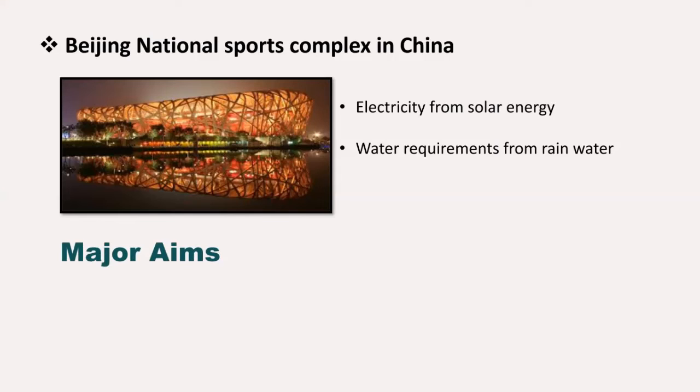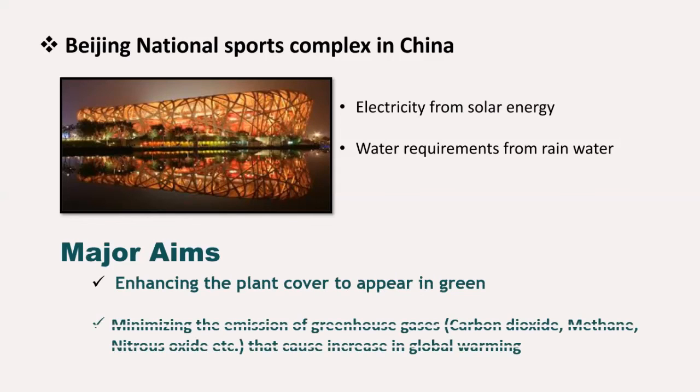One of the major aims of the green concept is enhancing the plant cover to appear green. But you should not misunderstand that this is the only aim of the green concept. Minimizing the emission of greenhouse gases such as carbon dioxide, methane, and nitrous oxide that cause increasing global warming is also another aim.